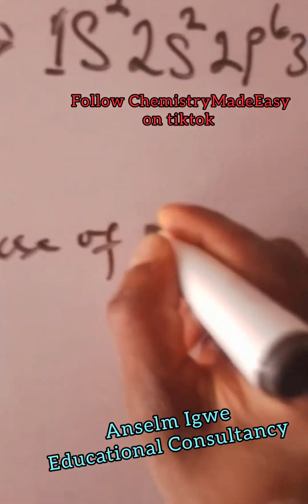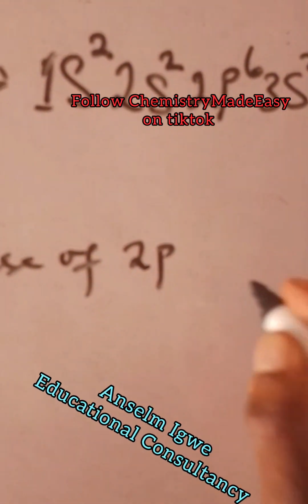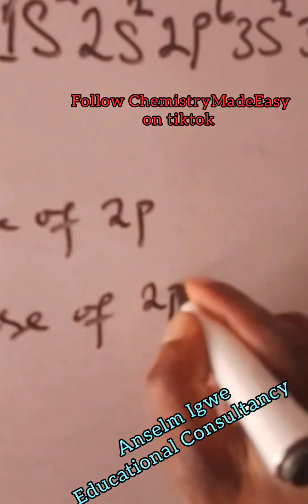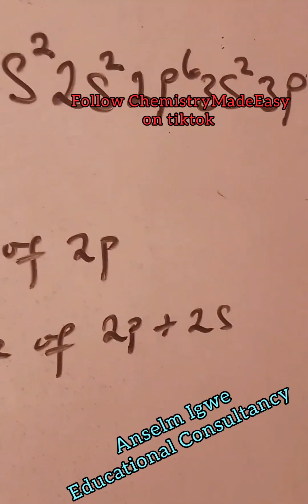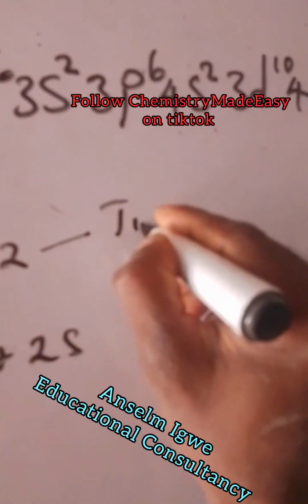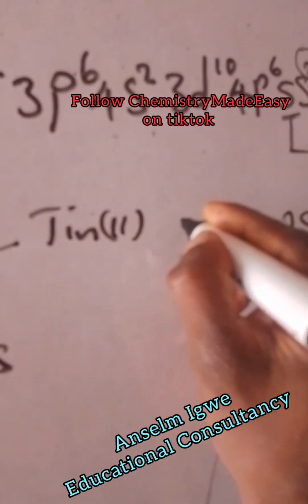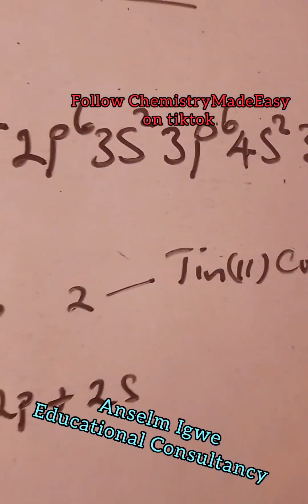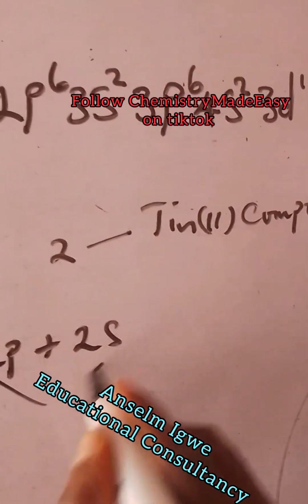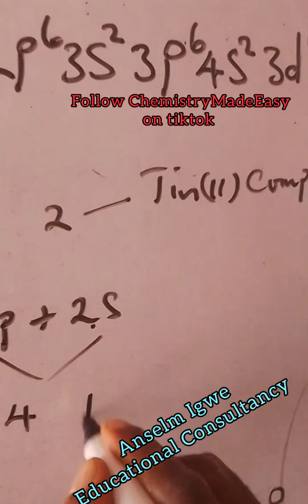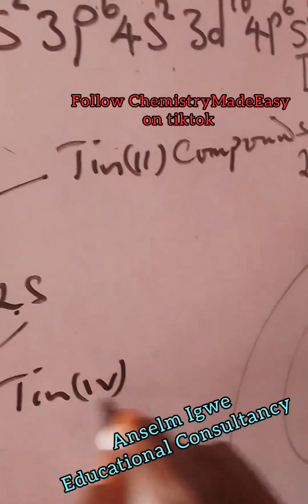Use of 2p electrons, and use of 2p plus 2s, meaning that tin can use 2 electrons to form tin 2 compounds, and the 2 electrons come from p. Tin can also use 2p and 2s electrons, that is 4 electrons, to form tin 4 compounds.